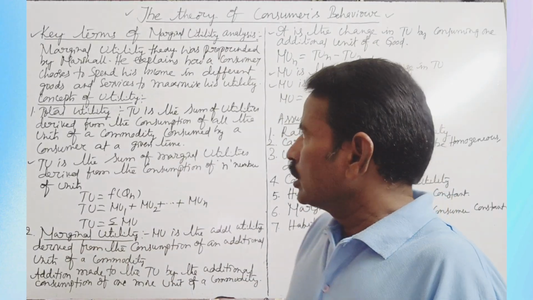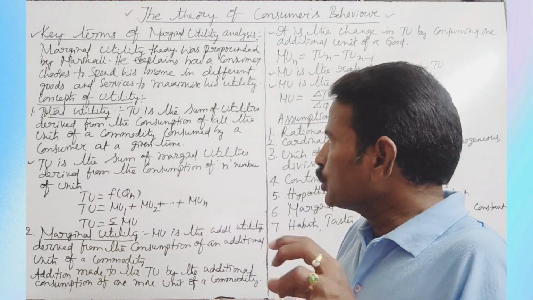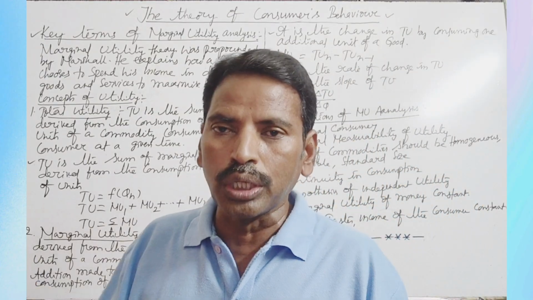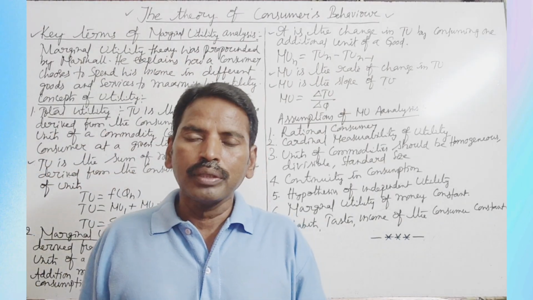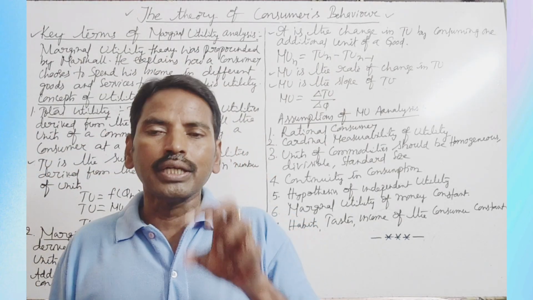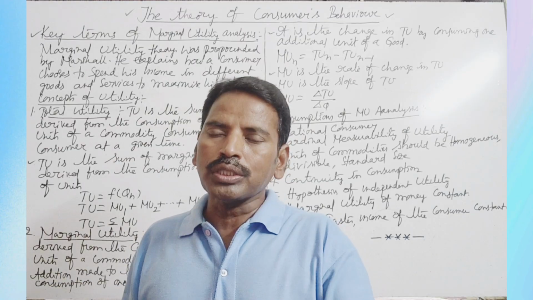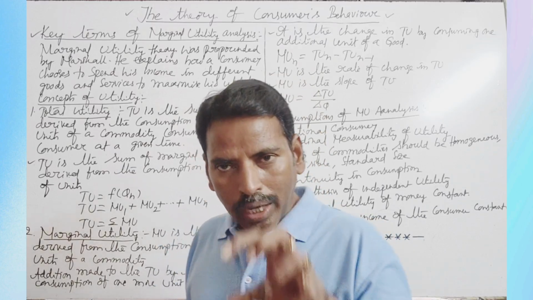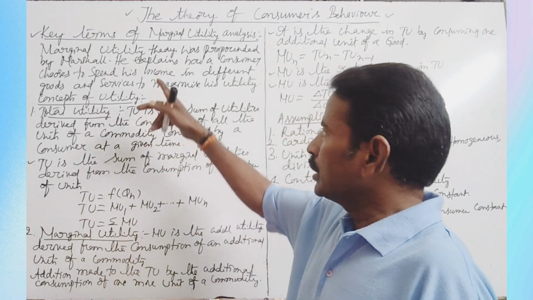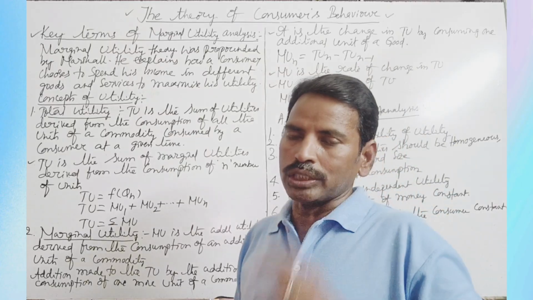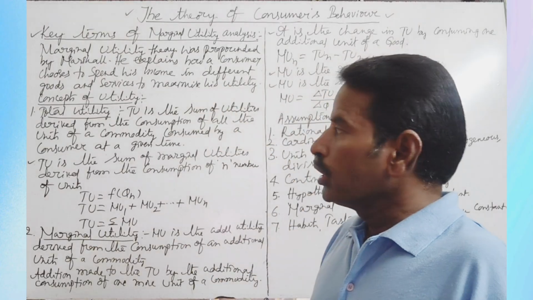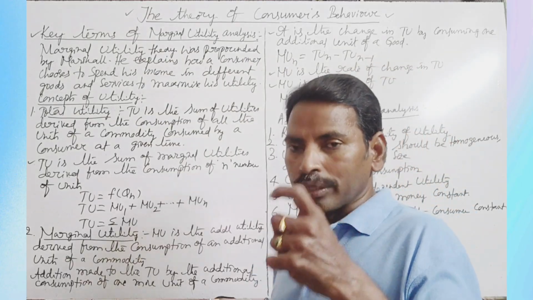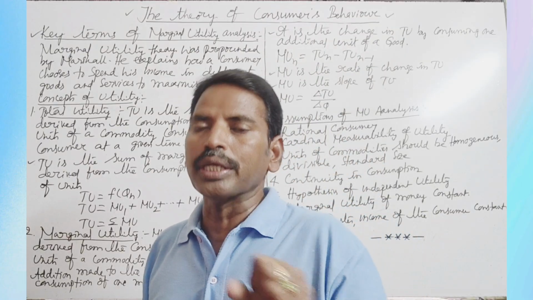He explains how a consumer chooses to spend his income in different goods and services to maximize his utility, how he gets maximum satisfaction with his limited income.